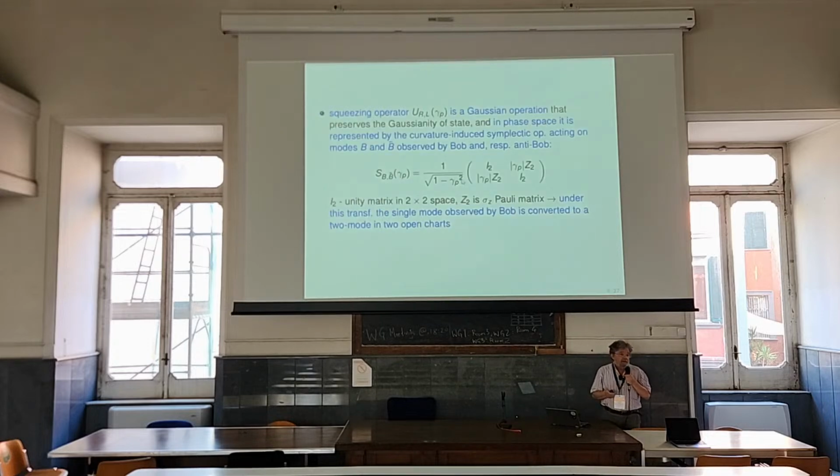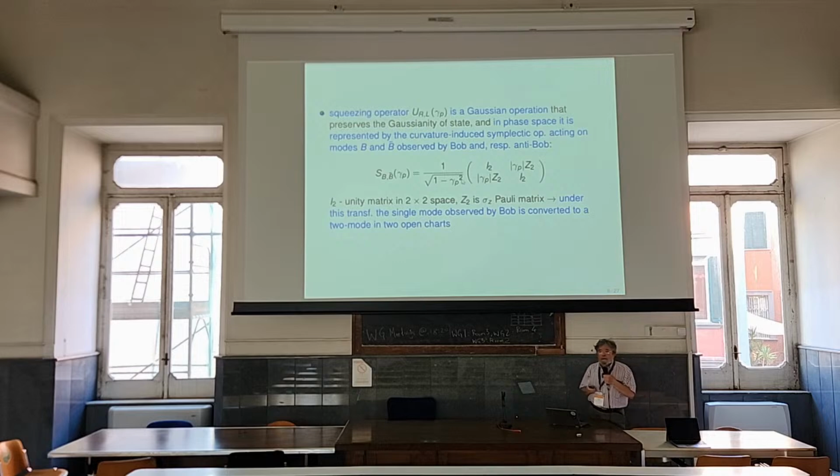In this case, if we start with observer Alice, which is situated in the Bunch-Davies vacuum, and we have an observer Bob in the R region, by this operation, it appears ideally a third observer, anti-Bob.